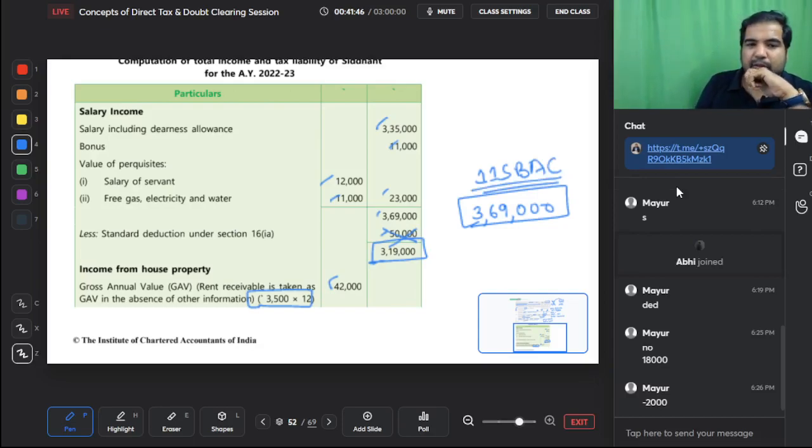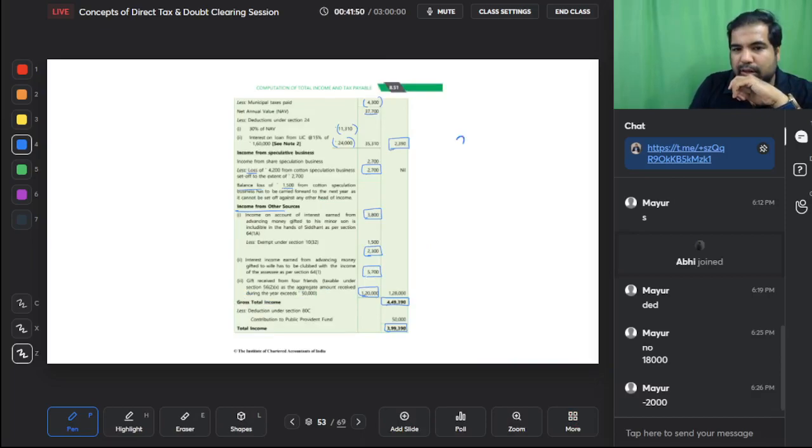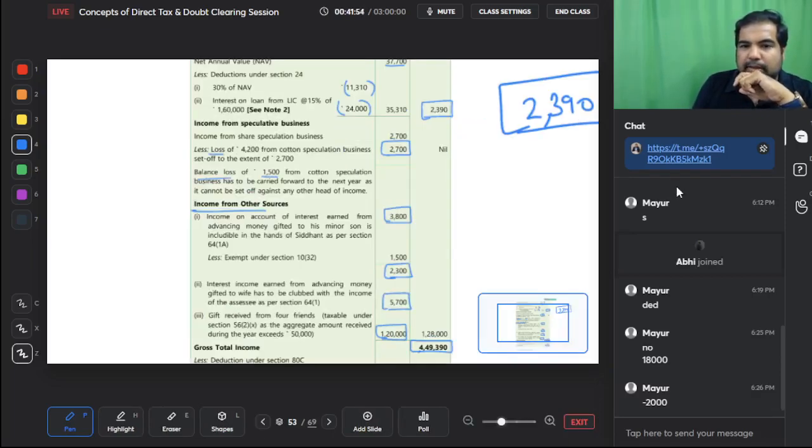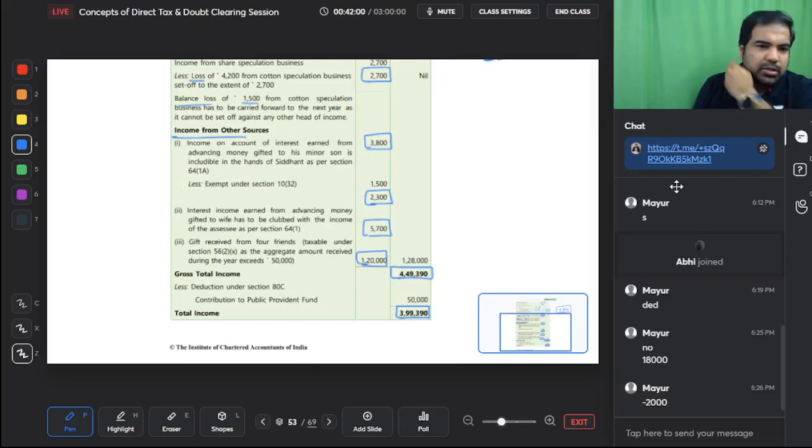Salary, this has been taken off. In IFHP nothing changes, so IFHP is still 2390 only. Next, speculation, nothing, you can set it off. Income nothing changes, so this is again 1,28,000 only.